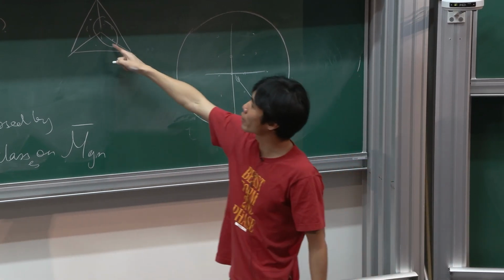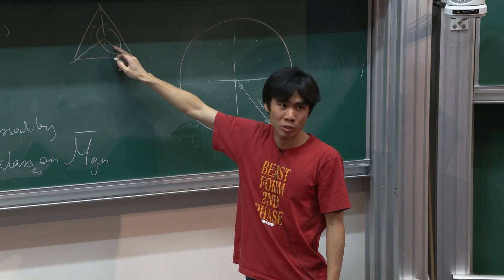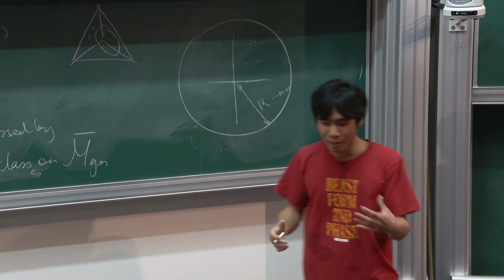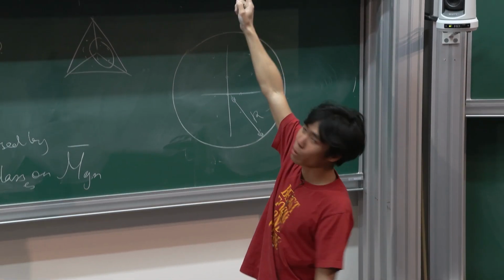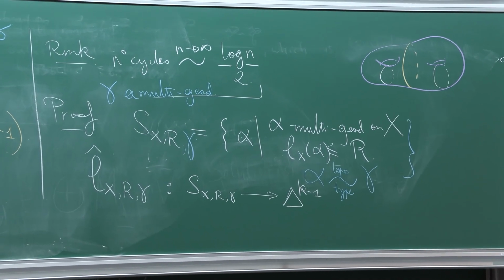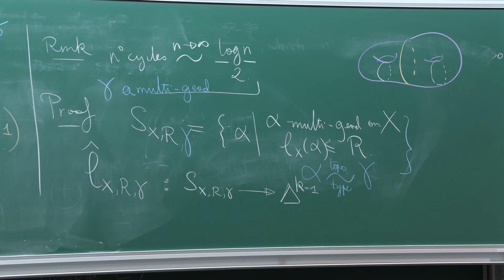Because our question is very similar actually. What you count is the number of geodesics with a certain length constraint. But another way to say the topological type is that you act with your mapping class group on this gamma.